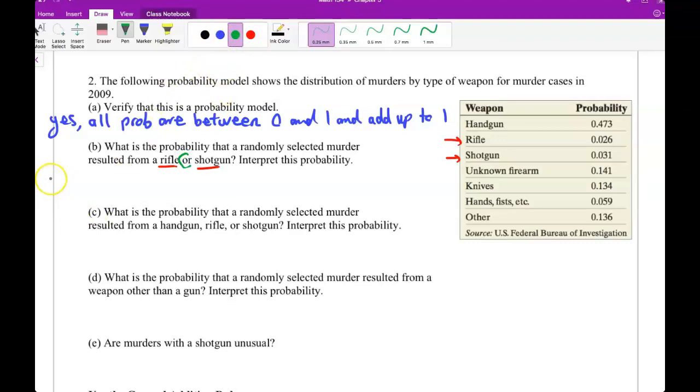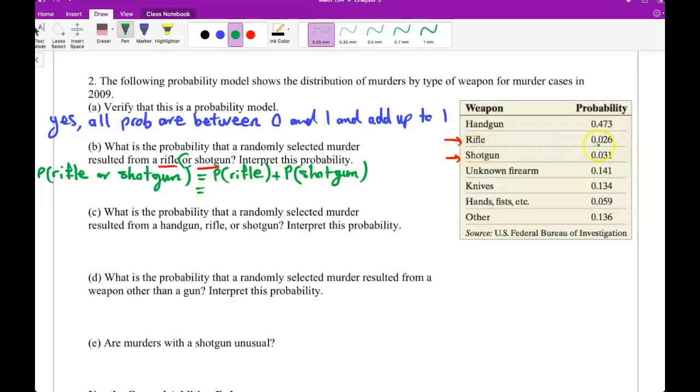So we have the probability of rifle or shotgun, which is equal to the sum.